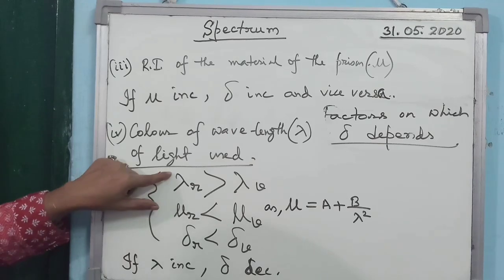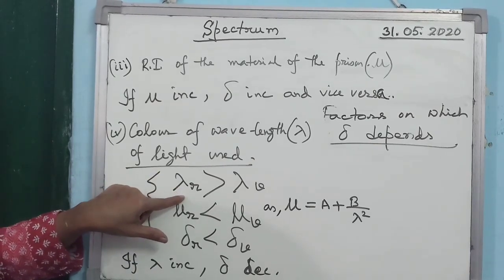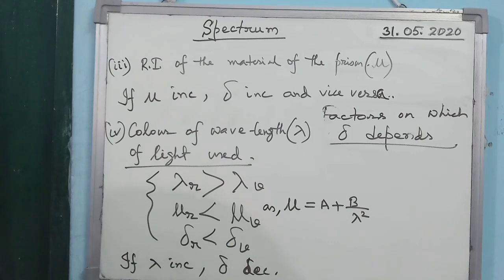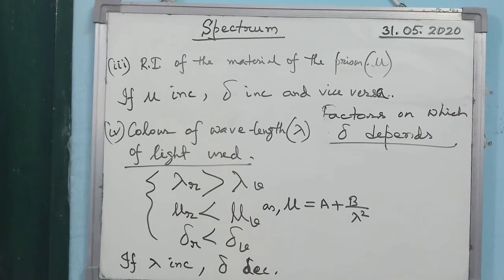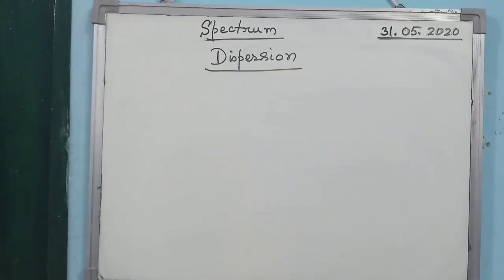Or better to write these three steps. The wavelength of red color is maximum, therefore refractive index for red color is minimum, therefore red color suffers minimum deviation through a prism, whereas violet color suffers maximum deviation through a prism.